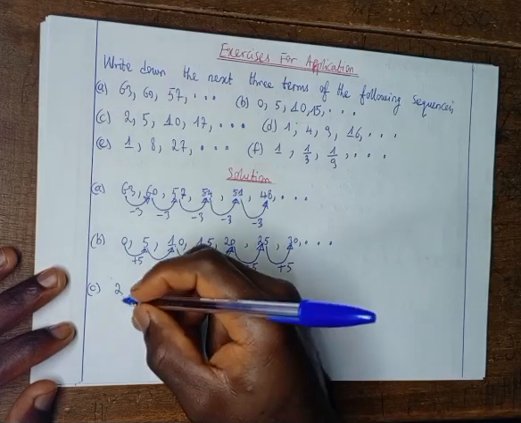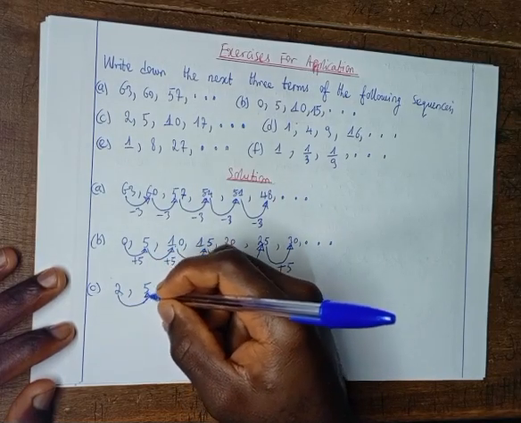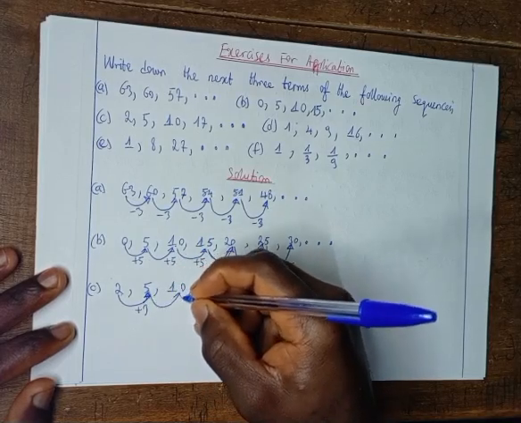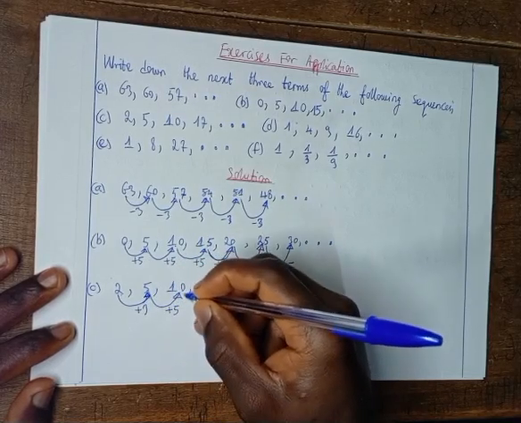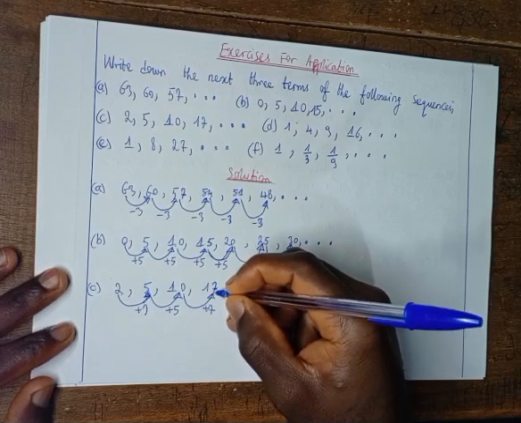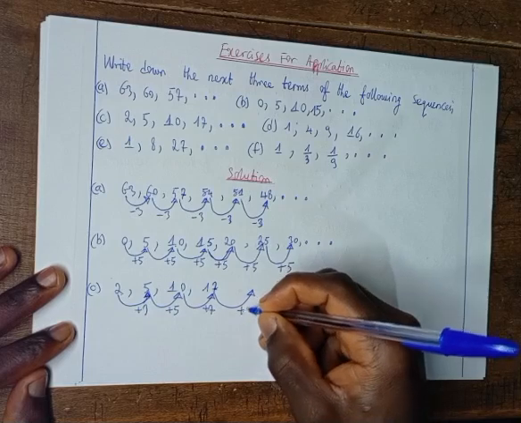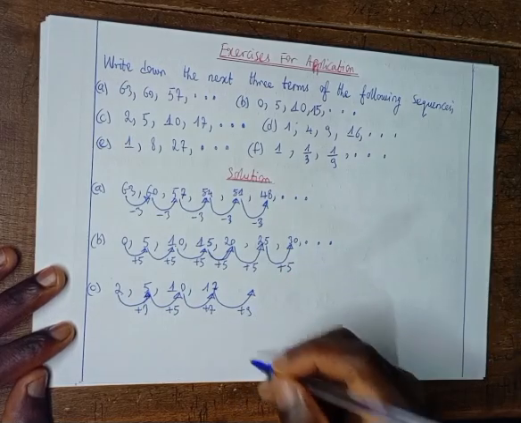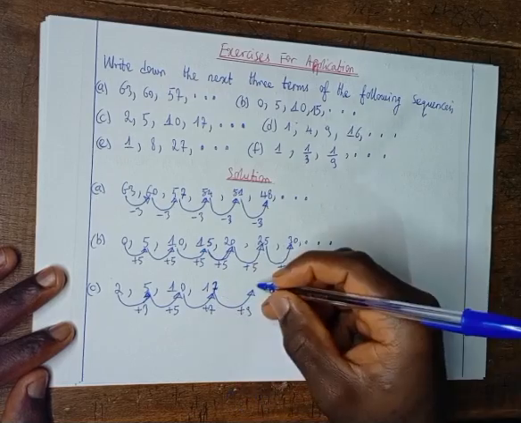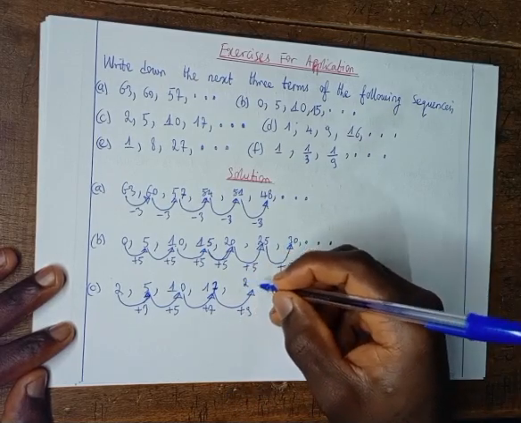So you see that the rule is simply addition of odd numbers starting from 3: plus 3, plus 5, plus 7. So the next will simply be plus 9. Plus 9 is the next odd number. If we take 17 plus 9, it gives us 26.